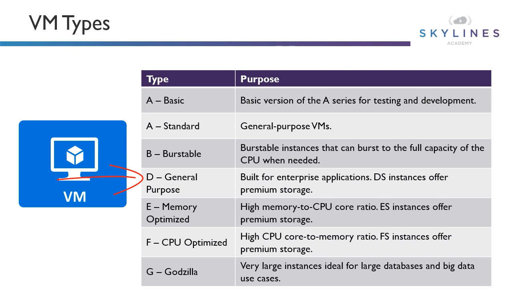You've got general purpose VMs. You've got those that are optimized for high memory applications, so the memory to CPU core ratio is much higher. You also have the opposite, where you have a higher CPU to memory core ratio available. And there's also the G, or Godzilla size, which is for very large databases or big data use cases.